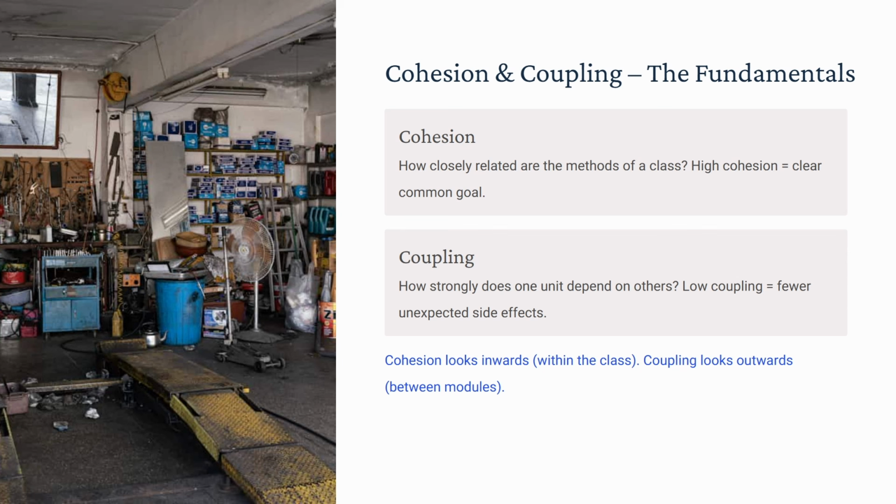Before we take a closer look at LCOM, we need to clarify two fundamental terms: cohesion and coupling. Cohesion describes how strongly the parts of a unit, for example the methods of a class, belong together. You might know the term cohesion from physics or chemistry. It's about the binding force, similar to glue.